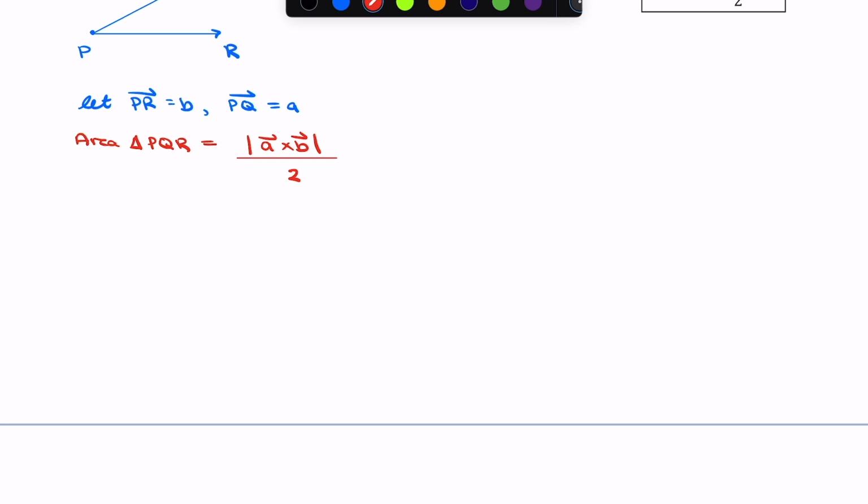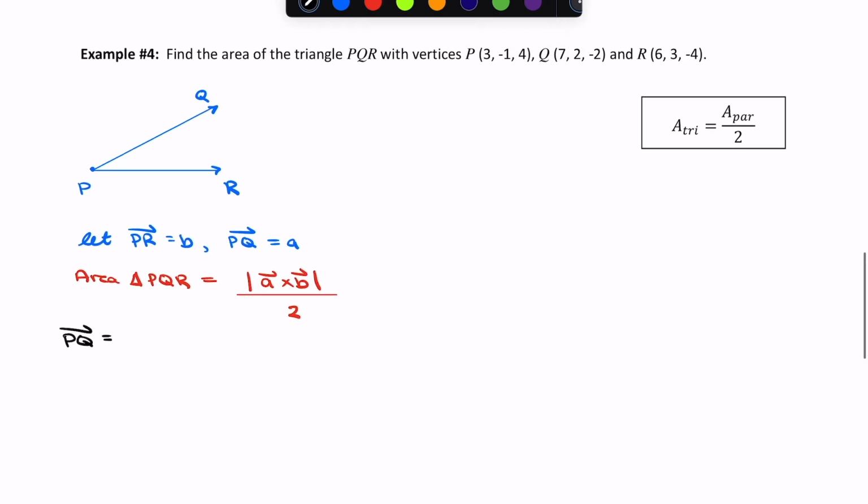Vector PQ, going from P to Q, is 7 minus 3, which is 4, 2 minus minus 1, which is 3, and negative 2 minus 4, which is negative 6.